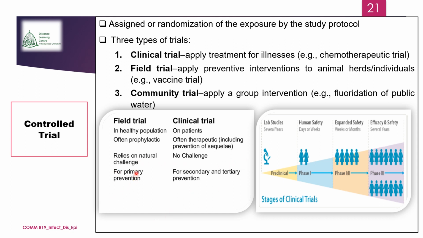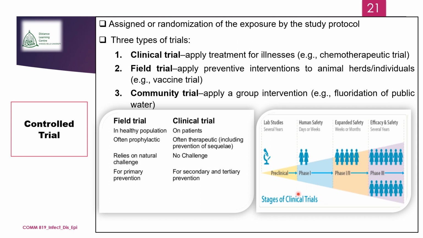Then field trial relies on natural challenge, while clinical trial has no challenge, okay. And finally, field trial is for primary prevention, while clinical trial is for secondary and tertiary prevention, okay.